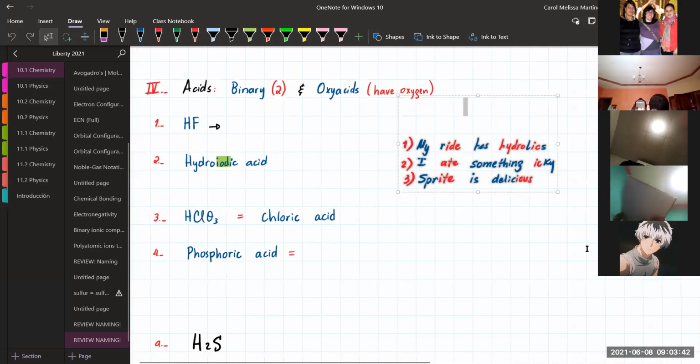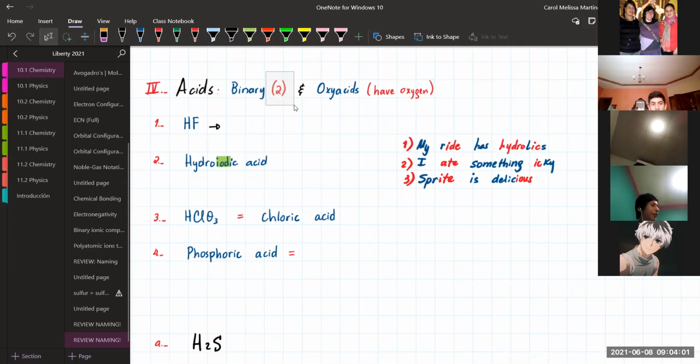For this last part of the topic, we have the acids. Remember that acids are classified in two. We have binary acids, those acids that are made of only two elements, and we have the oxyacids or oxoacids.